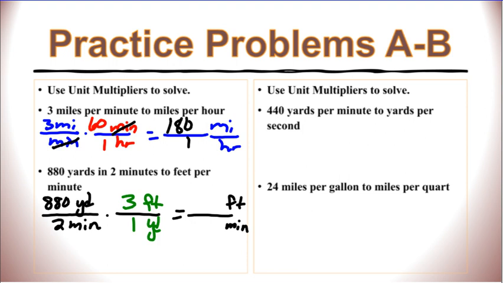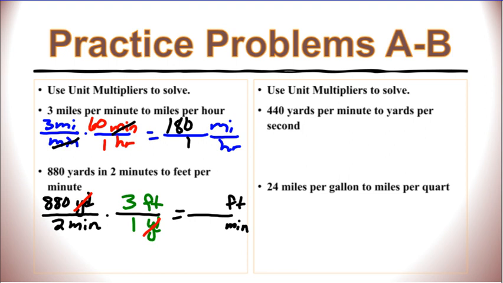You do need to know your unit conversions. You need to know how many feet are in a yard or how many inches are in a foot and so on. So now my yards labels can cancel out or divide out, and I'm left with feet per minute.